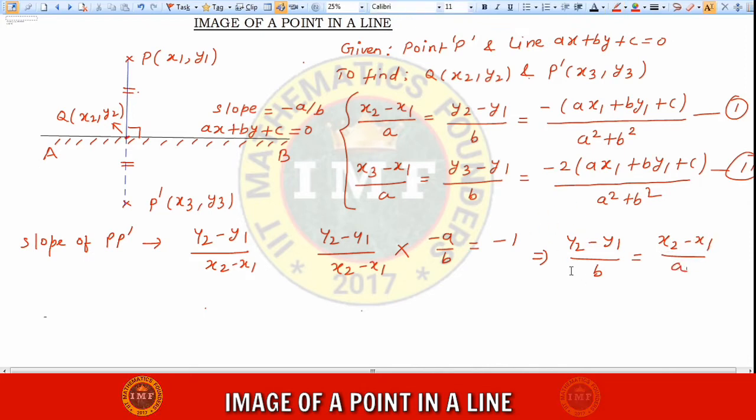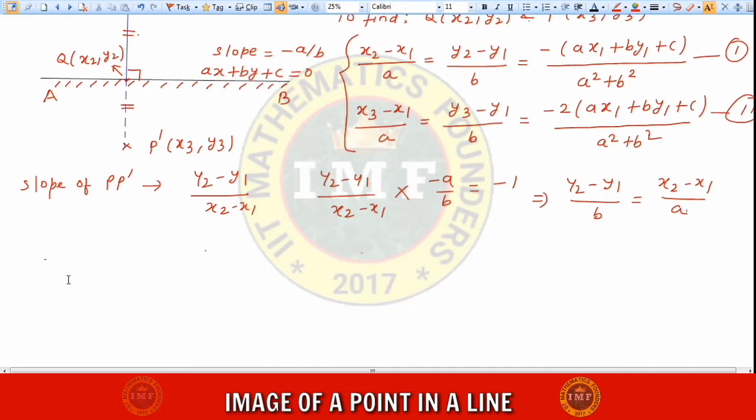Okay, now what I do here is just a small change in this ratio. So what I'll get from here, (y2 − y1)/b, I am multiplying by b in the numerator and denominator, this is equal to (x2 − x1)/a.